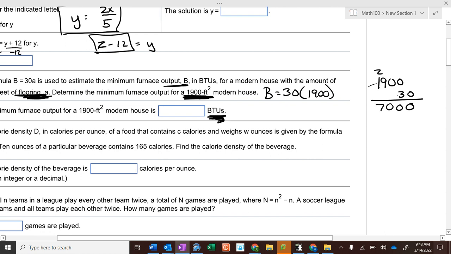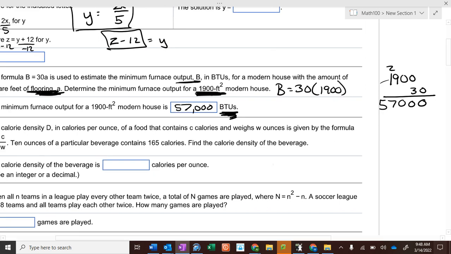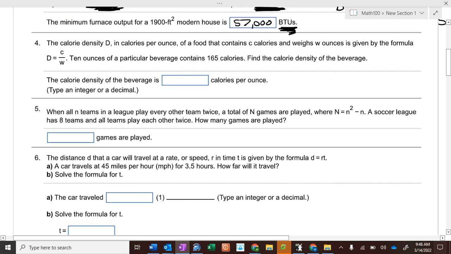Carry the 2. 3 times 1 is 3 plus 2 is 5. So it's 57,000 BTUs. Do you know what a BTU stands for? British Thermal Unit. That is BTU. For those of you going into HVAC.